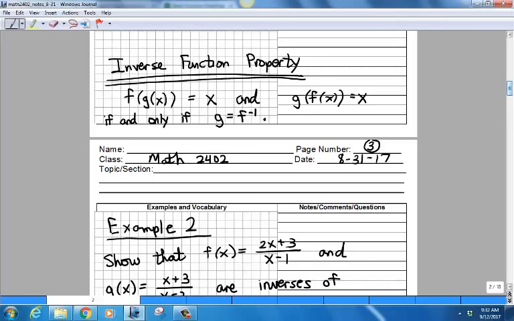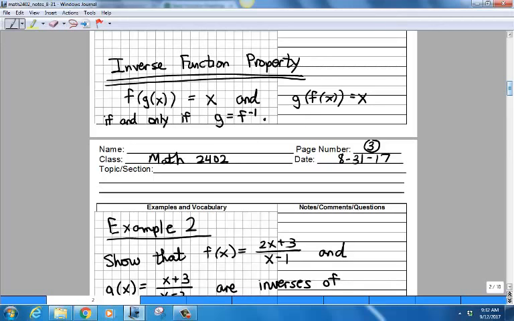If you want to test to see if two functions are inverses of one another without going through the process of determining what the inverse formula for one of them is and checking to see if it's the same as the other one, that's easy to do by composition.